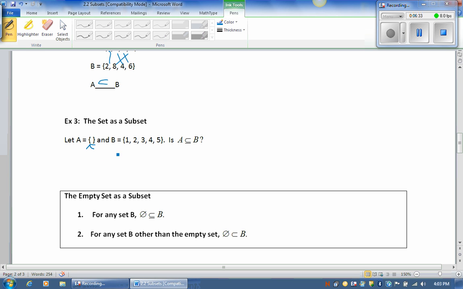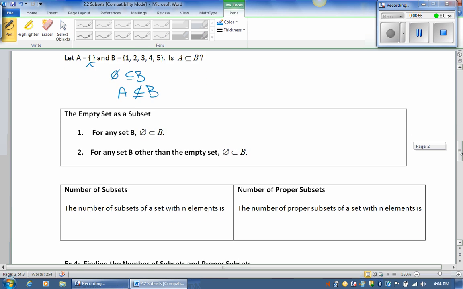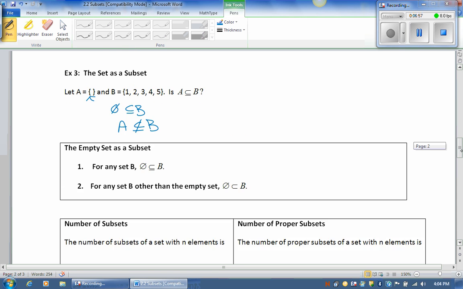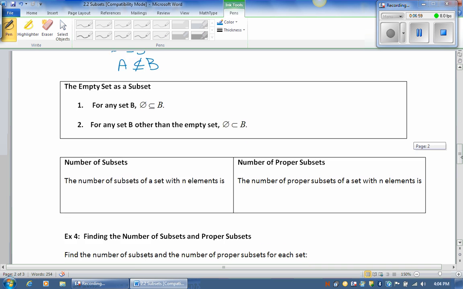So an equivalent of that would be this, okay? So we're going to say A is not a subset of B. The empty set can't be a subset of anything. Okay?